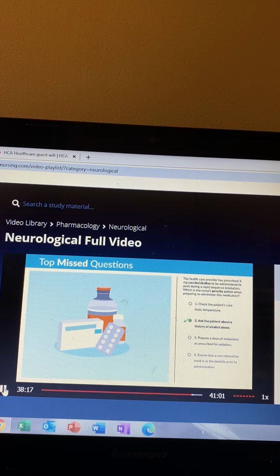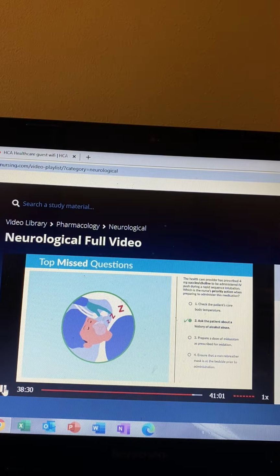Yes, we do give benzos for sedation, but it does not come before screening for those deadly adverse effects. And option number 4, also incorrect: ensuring a non-rebreather mask is at the bedside prior to administration. Oxygen is not the biggest priority here when we're faced with deadly adverse effects.